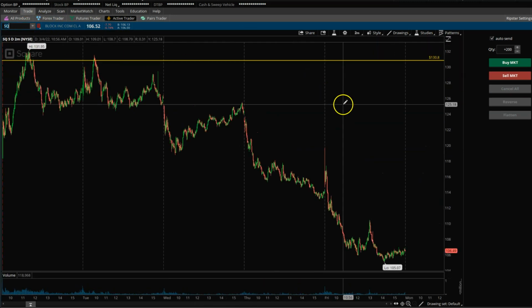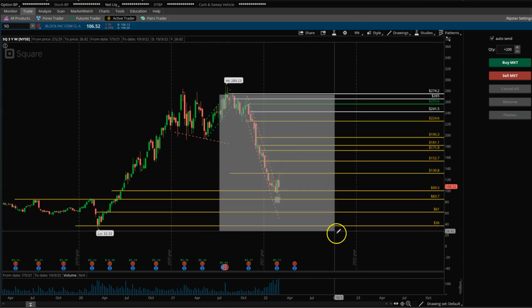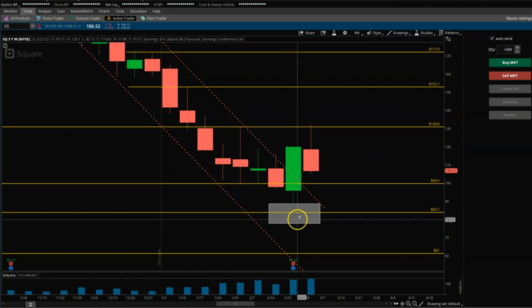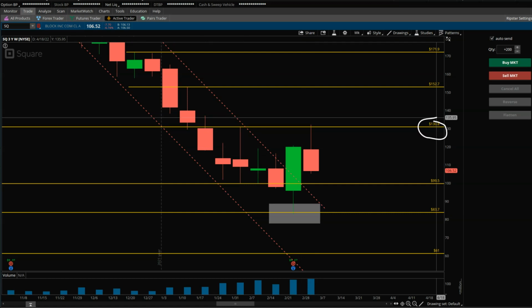Let's look at Square. Let's go to weekly time frame. Yeah, I mean, we saw a little bit of bounce from this green box zone, right? But still, again, got rejected from this 131 area right here. We have this one rejection, this one rejection. So unless it can clear that, then we can say, okay, wants to target the higher time frame resistance.